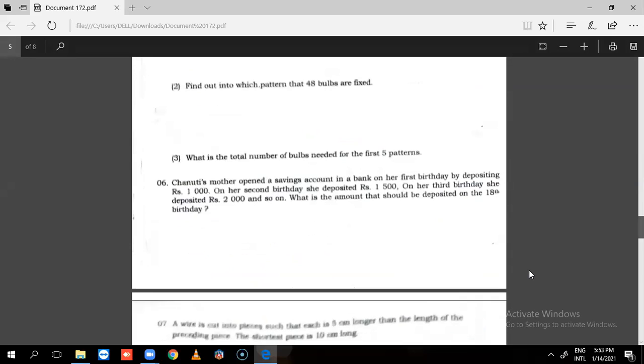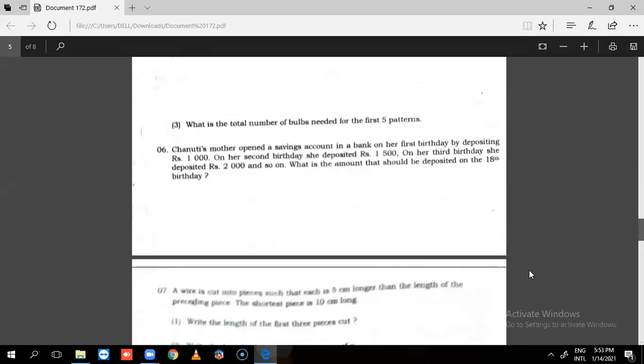What is the total number of bulbs needed for the first 5 patterns? Total number of bulbs. So I just write here, first one, T1, how many bulbs are there?